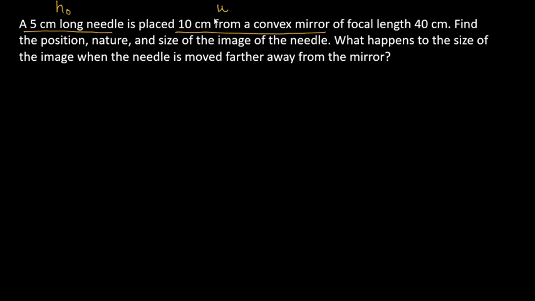Object distance is generally mentioned with the negative sign as far as a convex mirror is concerned, because the object is kept in front of the mirror, so it is on the left side. Then focal length 40 centimeter, so F is equal to 40 centimeter.